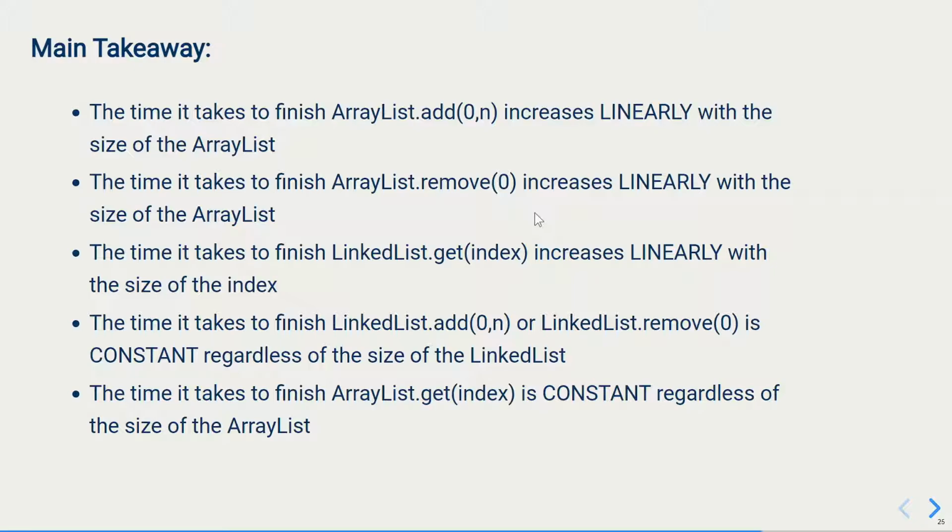On the other hand, if we call get on the array list, the time it takes never changes. In other words, it's a constant. It's a very short amount of time, like somewhere around 0 millisecond. And that's the same thing when we're adding an element to the start of the linked list, or when we remove something from the start of the linked list.